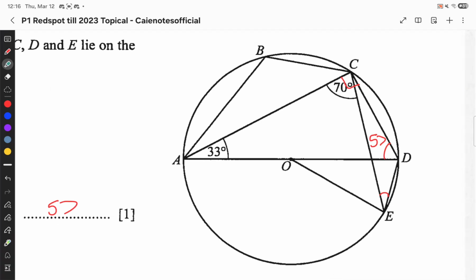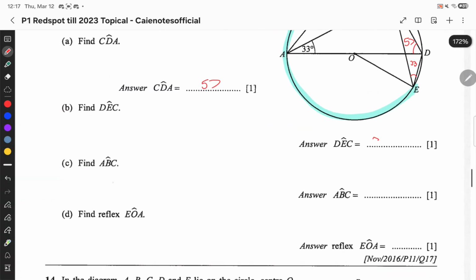Yes, angle A. And we just happen to find this big thing. With this, we know that angle A is the same as angle E, which is 33. Let's go. Things aren't impossible. It's just that you need to find how to make it possible.